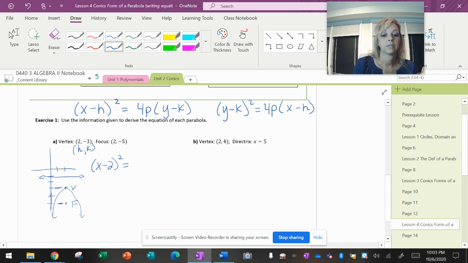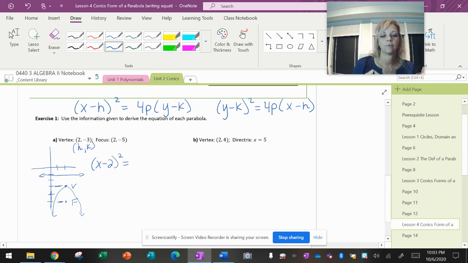The vertex is equidistant from the focus as it is from the directrix, meaning equally the same distance. So back to the p: I've got a p-value of 2, so 2 times 4 is 8. But because it opens downward, we make it negative. And then y minus k turns into y plus 3, because when I put the negative 3 in, the two negatives make a positive. So there's my equation.